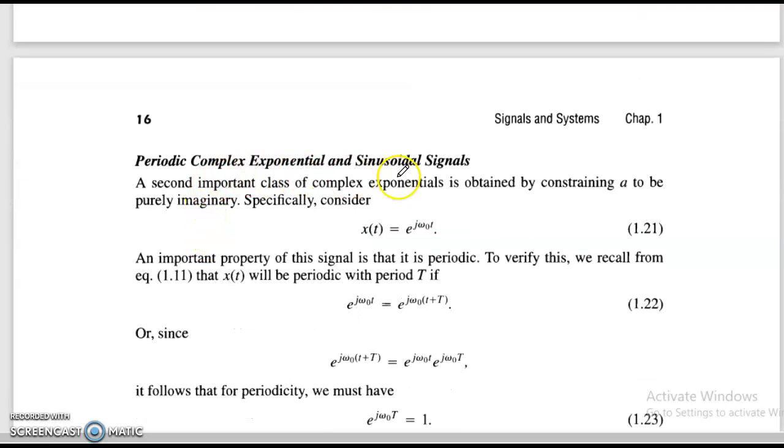Periodic complex exponential and sinusoidal signals.